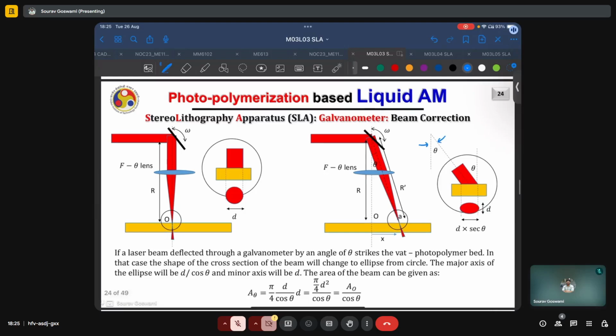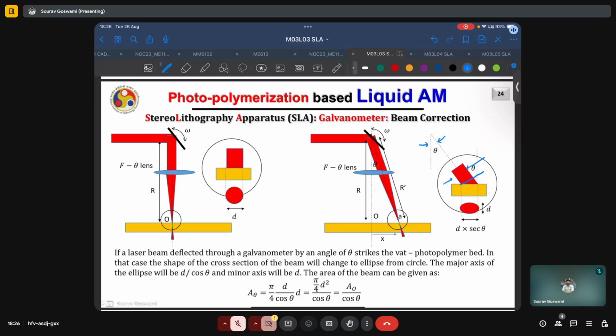The beam by itself still retains its circular cross section, but when it is projected on the substrate, which is flat, the section of the laser beam cut off by the plane, in this case being the build plate, will be an ellipse. The lateral dimension will then become d sec theta, while the other dimension remains d.